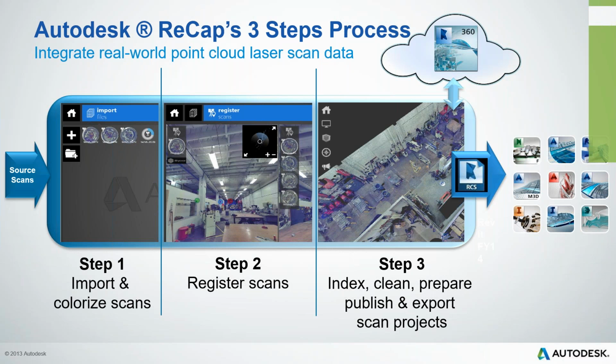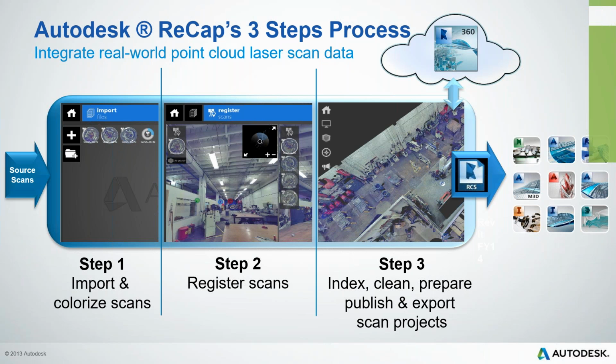On top of it, product design collection also comes with a tool called ReCap, which lets you work on your point cloud data. So what is point cloud data? There are a lot of factories which do not have any proper documentation. So nowadays a lot of customers actually go ahead and scan the entire layout, and the output of that scan comes in terms of point cloud or mesh data.